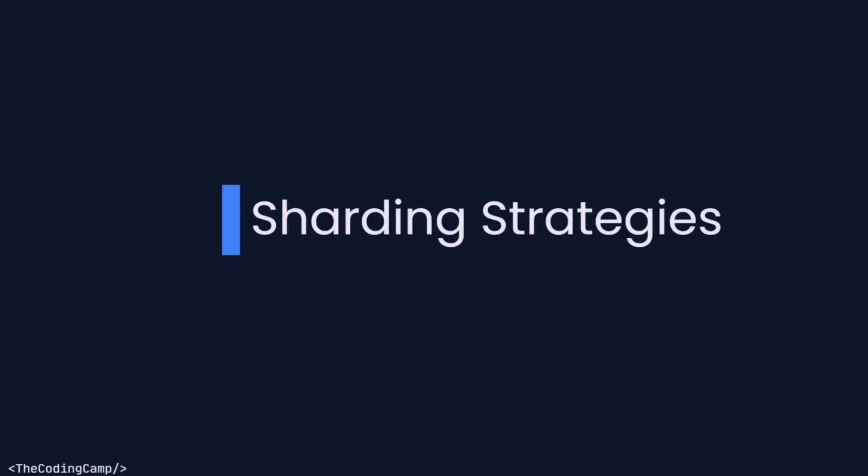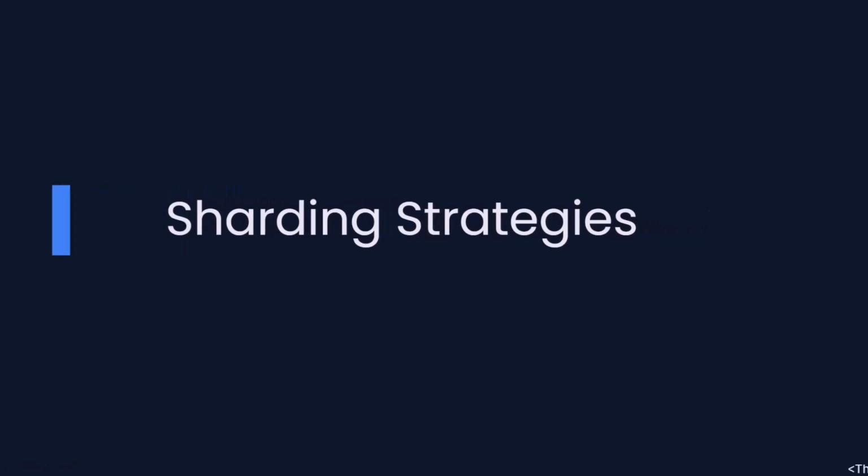In previous lectures, we explored why we need sharding, primarily to scale databases horizontally and handle large volumes of data and traffic. Now comes the question: how do we actually decide where each piece of data goes? That decision is defined by the sharding strategy.